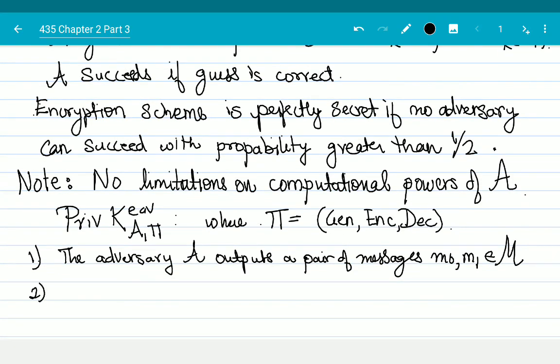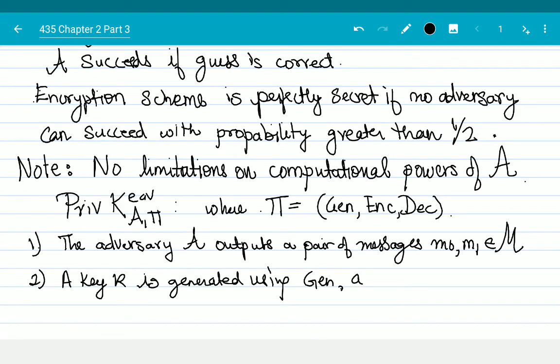Second, a key K is generated using Gen, and a uniform bit B, which is either 0 or 1, is chosen.